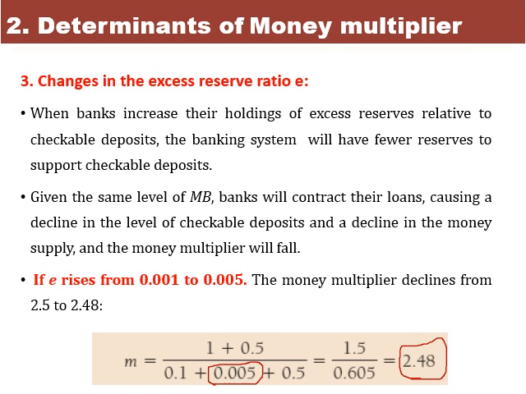So as we can see, we have a negative relationship between the excess reserve ratio and the value of the money multiplier. And of course, all these factors will affect the money supply as they affect the money multiplier, as we will see later in this chapter.